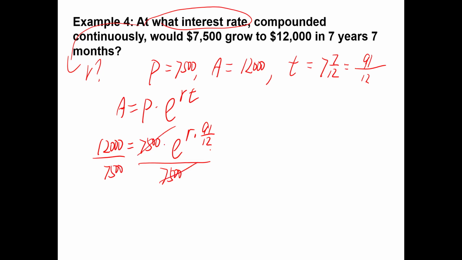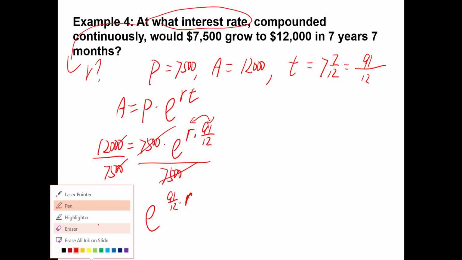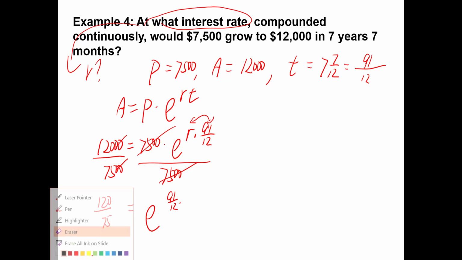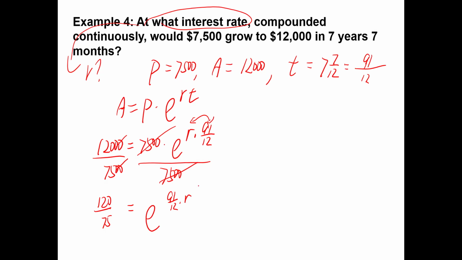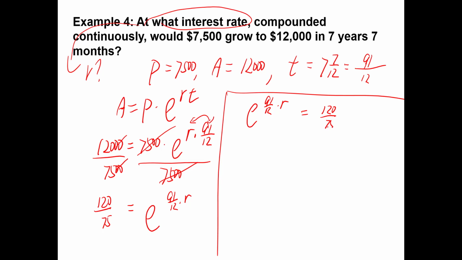Cancel that, and we drop a couple zeros on the left, so we get 120 over 75 on the left. Let's reverse these two; it'll be slightly easier to follow. So e to the 91 over 12 times R is equal to 120 over 75.